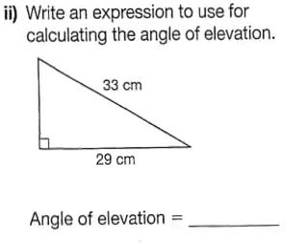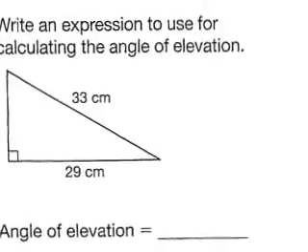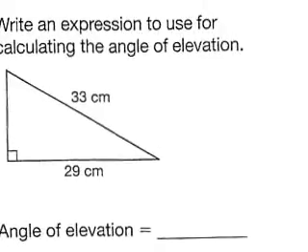Okay, so let's take a look at this one. It says write an expression to use for calculating the angle of elevation. So here we have our triangle. We know that this is the right angle, and this has got to be the ground right here. So if that's the ground, which of these angles is the angle of elevation?